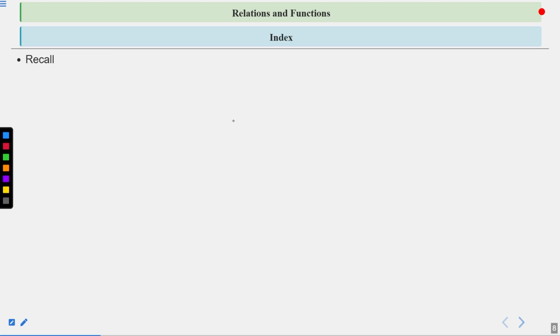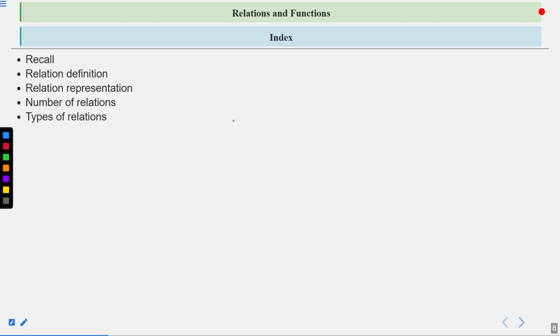Now what we will be covering here is very important. We will be recalling some important things which will be required in this chapter, relation and function. Then relation definition, relation representation, number of relations from a set to another set, types of relations, equivalence classes, what do we mean by that?